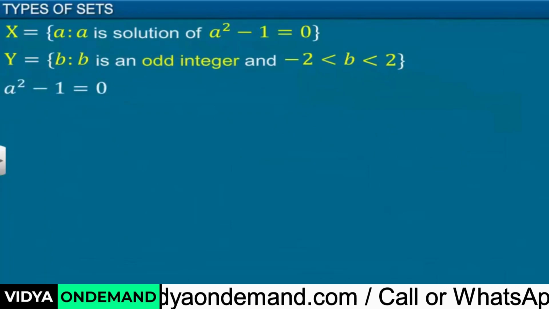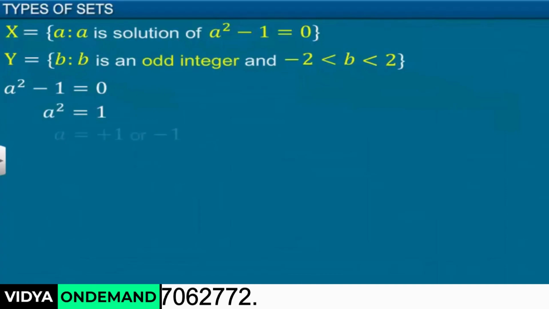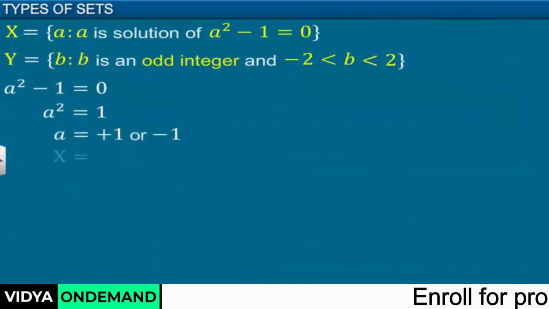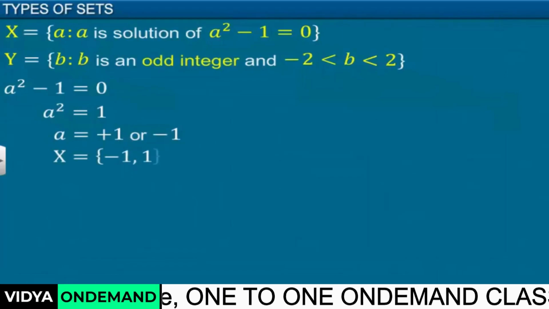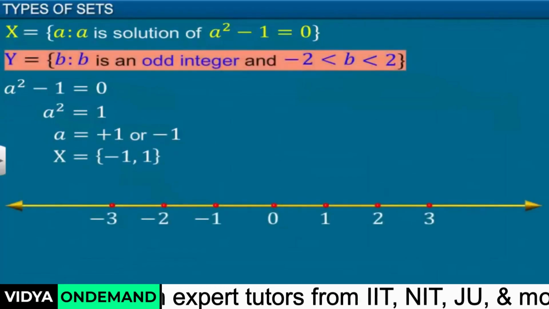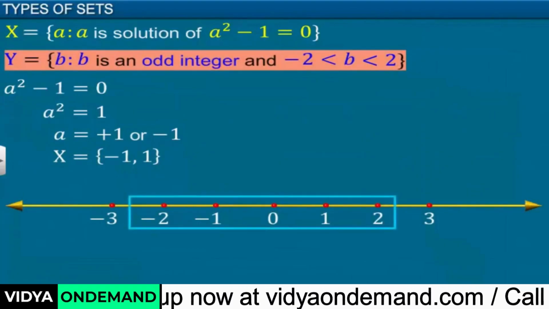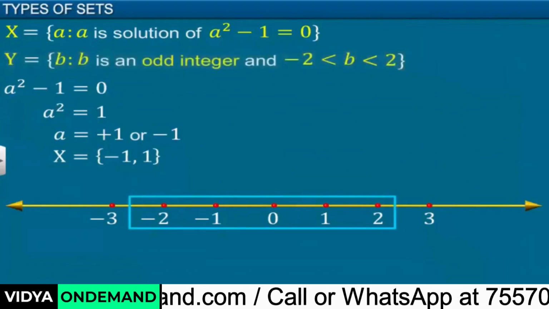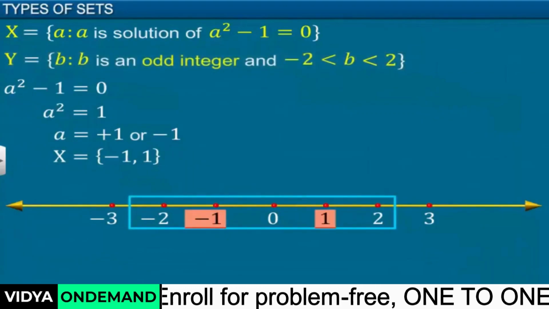Therefore, the elements of set X are minus 1 and 1. The elements of set Y are obtained by finding the odd integers between minus 2 and plus 2. The odd integers are minus 1 and plus 1. Therefore, the elements of set Y are minus 1 and 1.